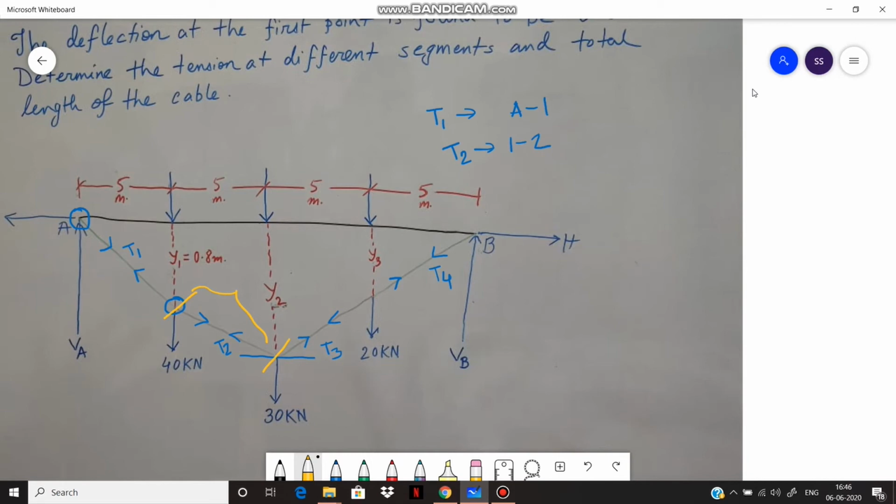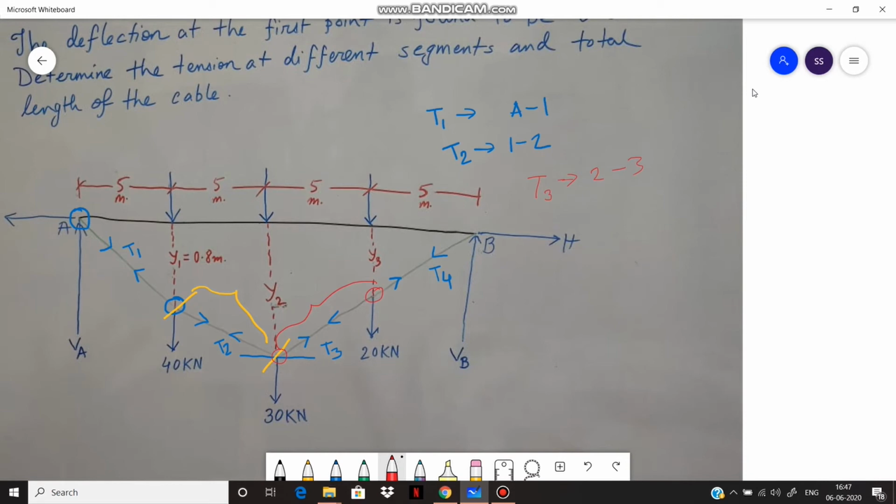Now let us take the tension T3 which is acting at the segment 2, 3. That means this is point 2 and this is point 3. So T3 appears at this segment, that is the segment 2, 3.